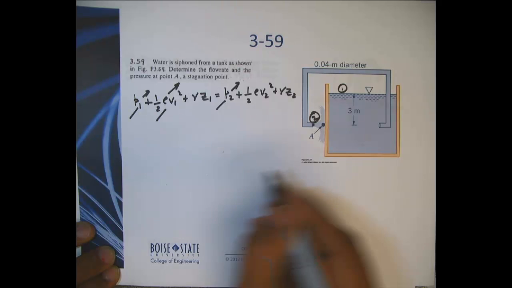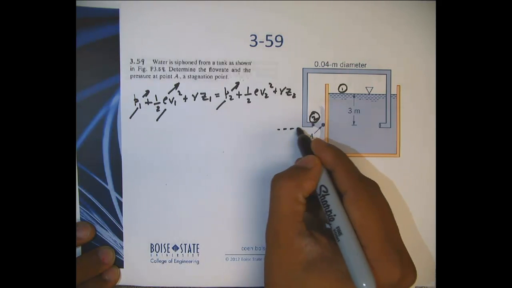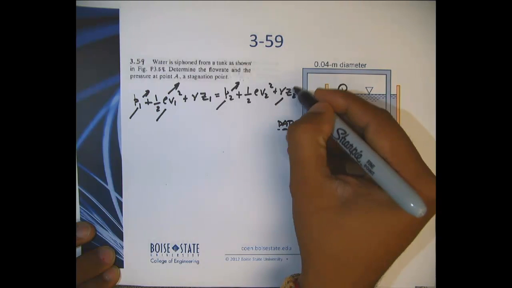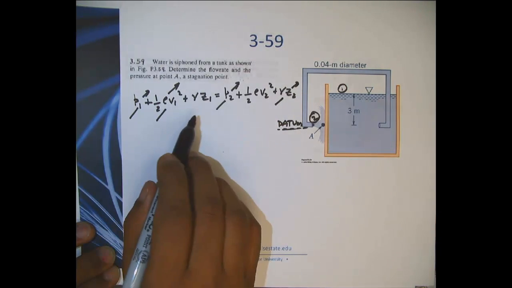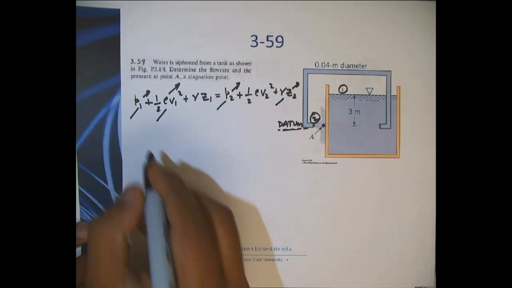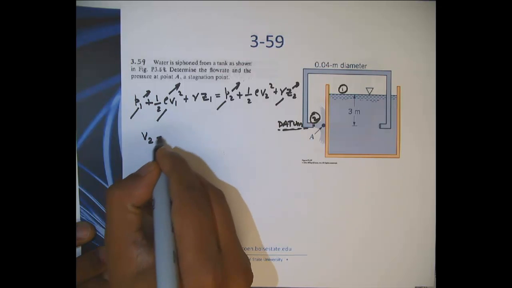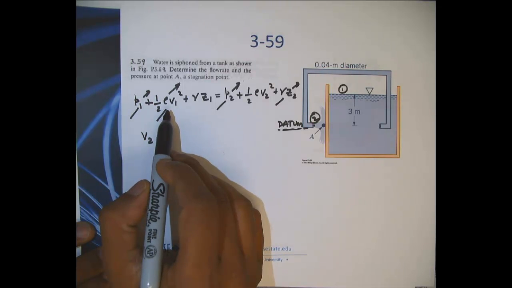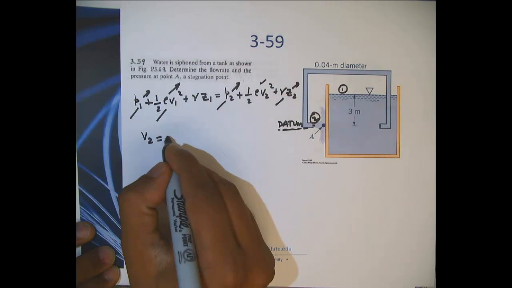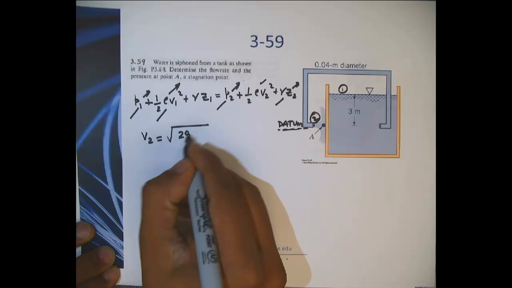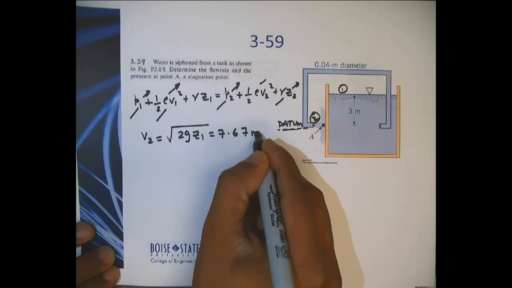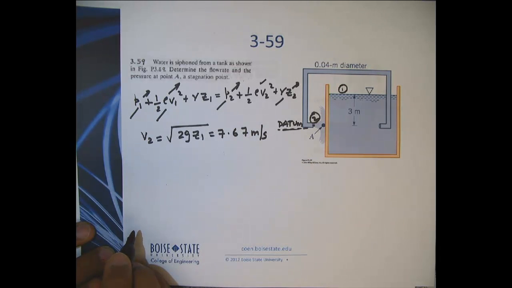And if we have our datum here at point 2, Z2 will be 0 and Z1 will be 3 meters going from here. Okay. So I put in those. Now you see that I have only one unknown, which is V2. I know the rest of the stuff. So it is just square root of 2g Z1, and you should get that to be 7.67 meters per second. Okay.